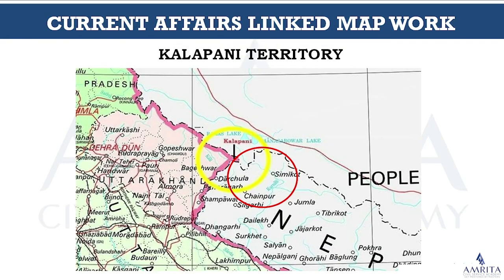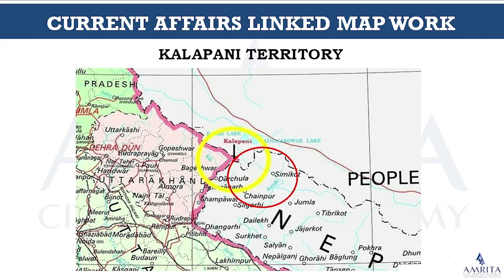Next is Kalapani territory. Kalapani territory was recently in news as Government of India published a new political map that showed the creation of two union territories in Jammu and Kashmir and Ladakh after revoking the special status of Kashmir. And in the latest map, India included Kalapani in Uttarakhand district.